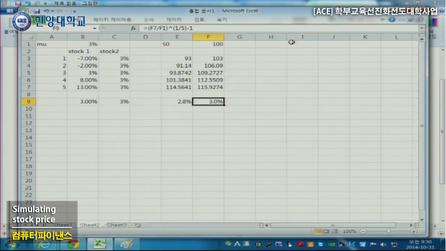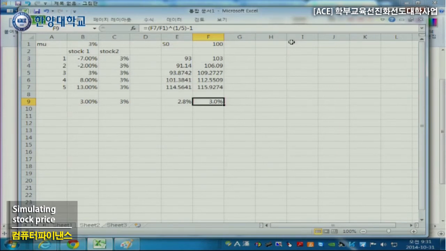As long as the volatility is greater than 0, if there is risk in the stock return, your holding period return per year is always less than that 5%. So we have to adjust your actual holding period return down.